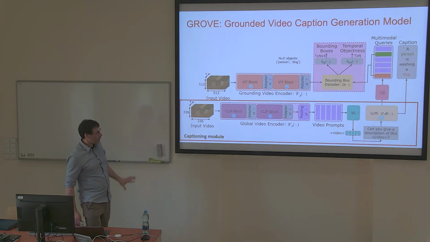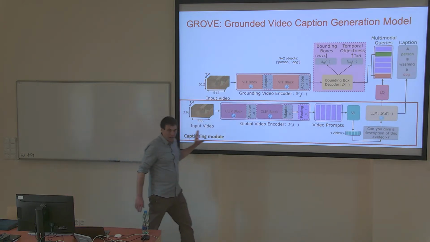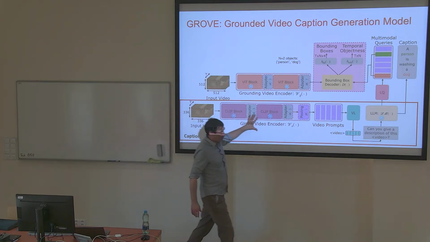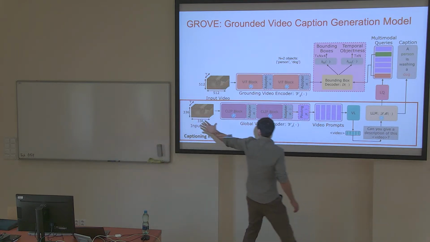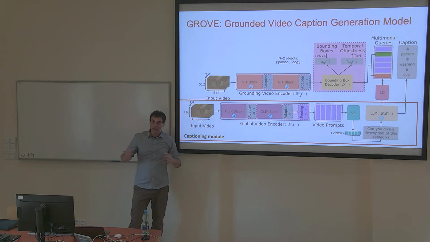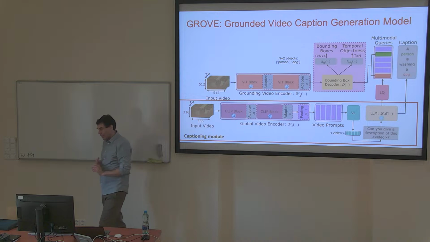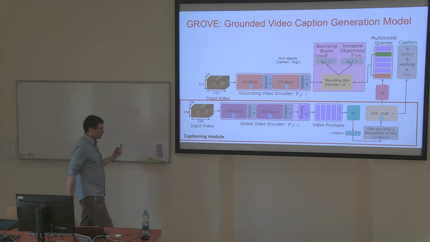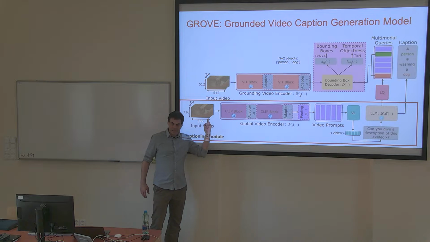So it has two components. The first component is a captioning component. Its input is a video. And with video compared to images, there are always memory problems. So in our case, although we have an 8-second video, we represent the video using, I think, 8 or 16 frames.